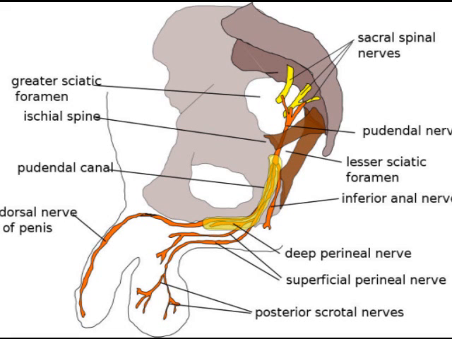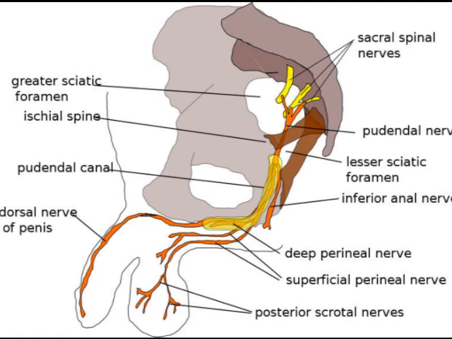Okay, this is showing the different branches again of the pudendal nerve a little bit better. You can see the ischial spine there, the pudendal canal, which is highlighted in yellow there.